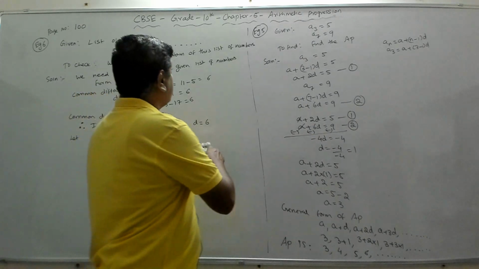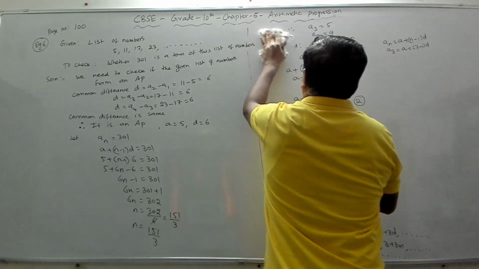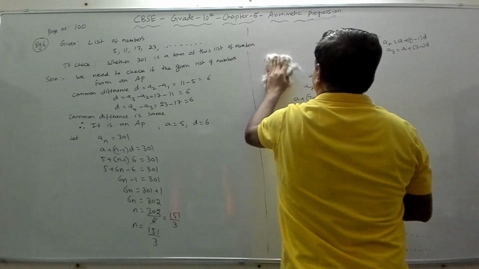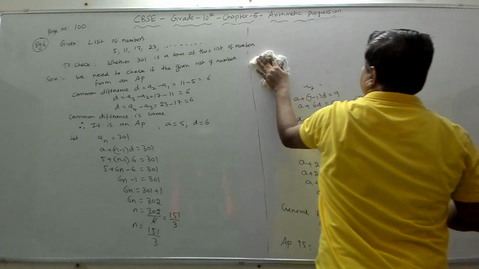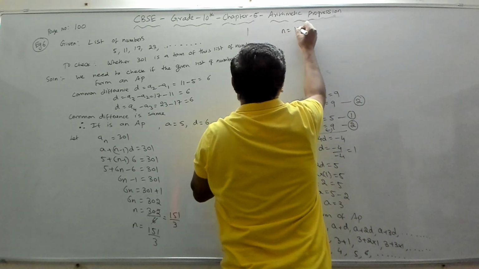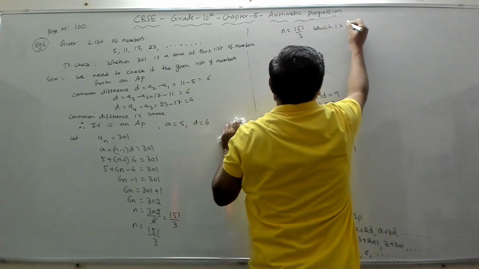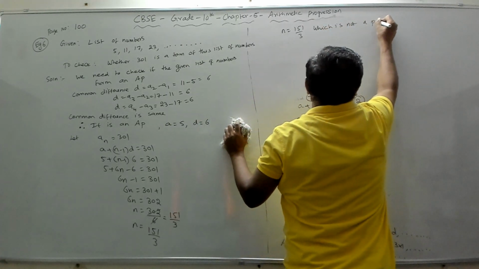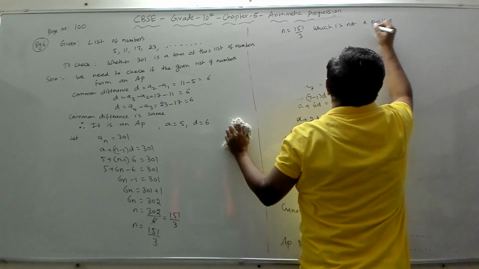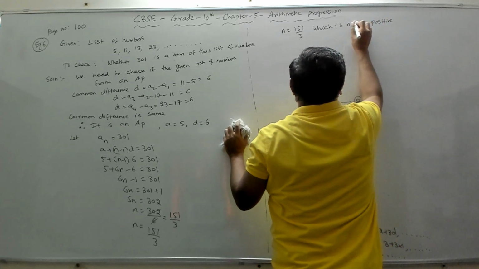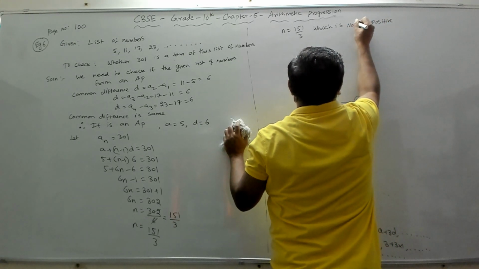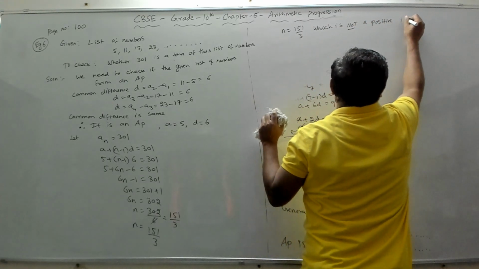So we will say n is 151 by 3, which is not a positive integer.